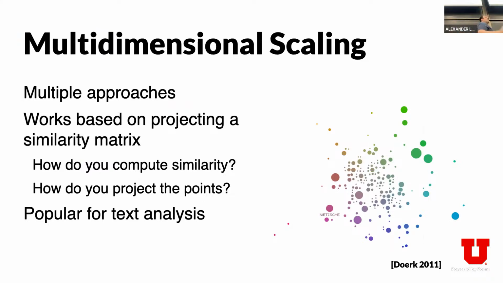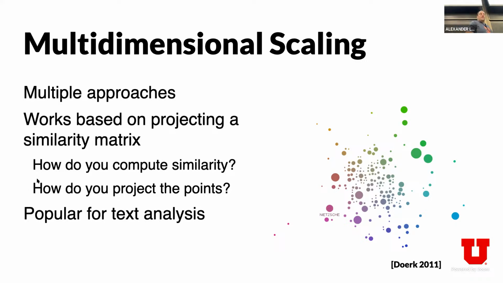A very similar approach, but slightly different in terms of the mathematics behind it, is multidimensional scaling. There are multiple actual mathematical approaches behind it. It works based on projecting a similarity matrix. So, like in clustering, you take a vector of data, you compute a similarity matrix based on some distance function, for example Euclidean distance or some correlation measure, and then you project this down to 2 dimensions.